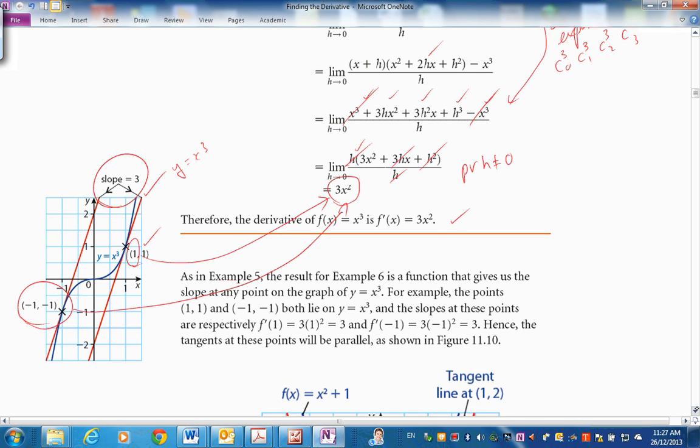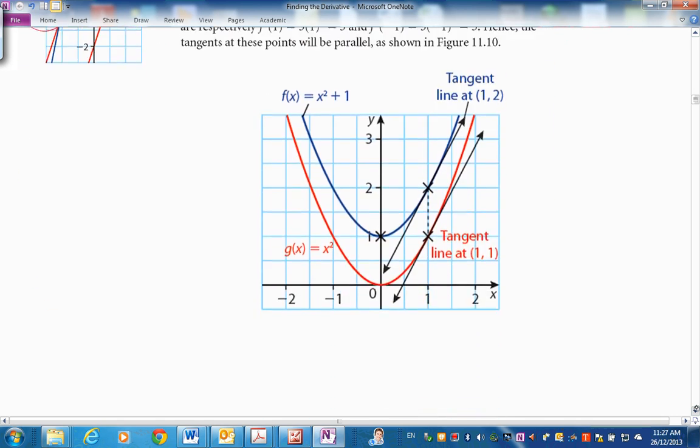Okay, let's come down now and have a look at another example. Now, what about x squared plus 1? Okay, if we were to draw x squared and x squared plus 1, one moves up a little bit from the other, doesn't it? It's a vertical translation of plus 1, and there it is there. So the tangent at 1, 1 on x squared is the same as a tangent at 1, 2.